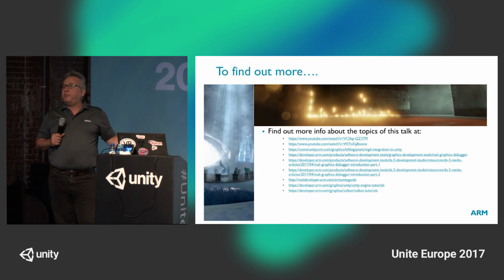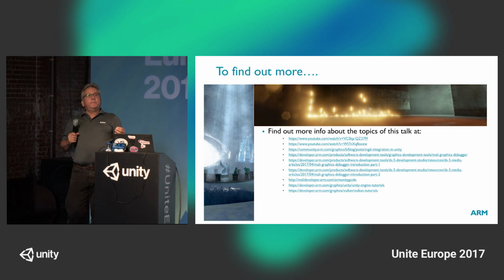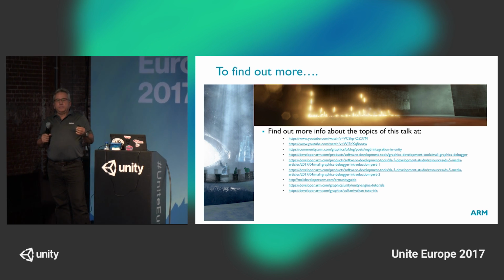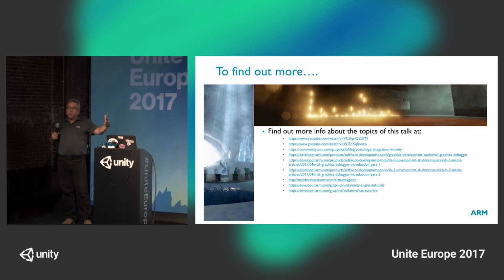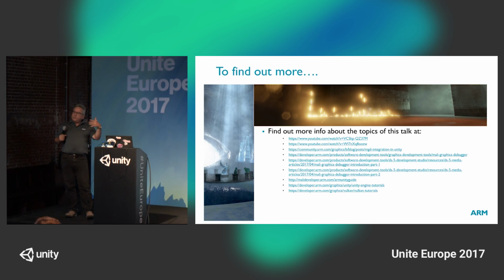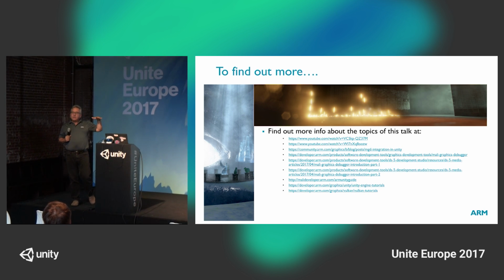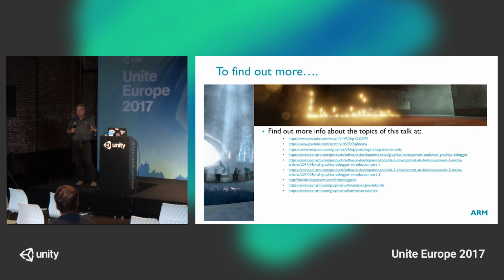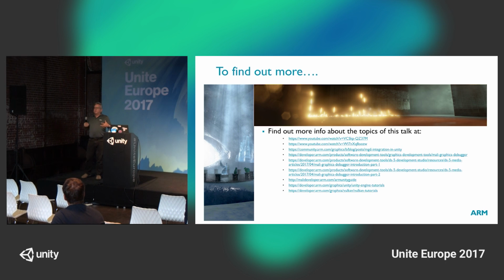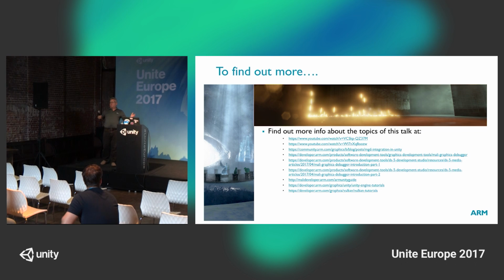I strongly recommend having a go with Vulkan and checking, especially if you detect that your game is CPU bound because there are a lot of draw calls, for example. Just by selecting Vulkan you can improve the FPS, the performance of your game. In other cases you will need to make a deeper study of what is happening in your game, but give it a try. Okay, thank you.